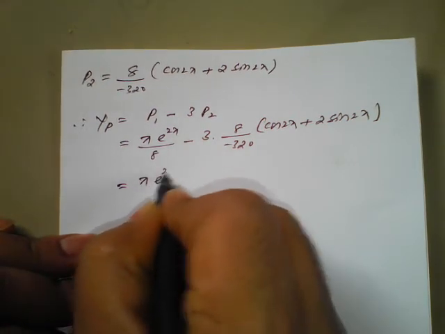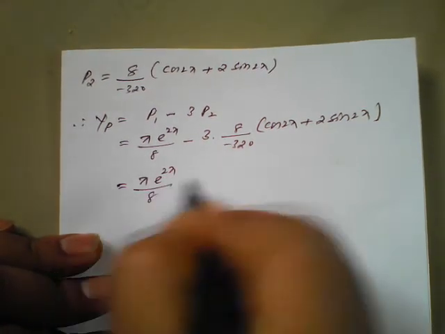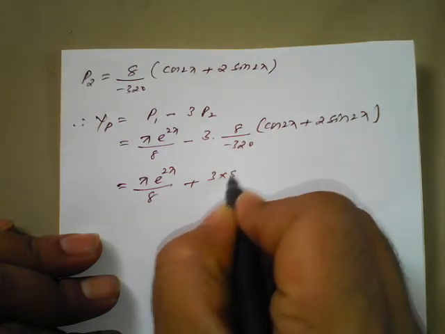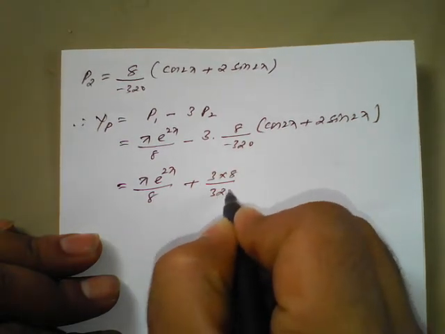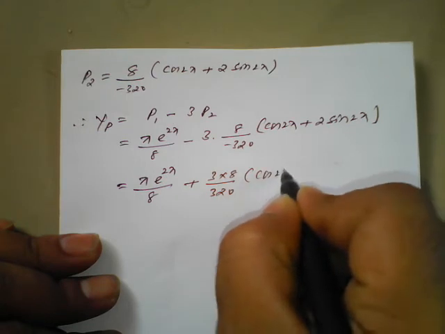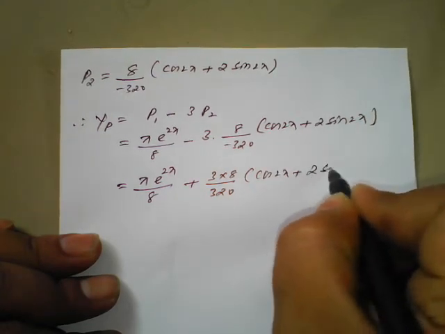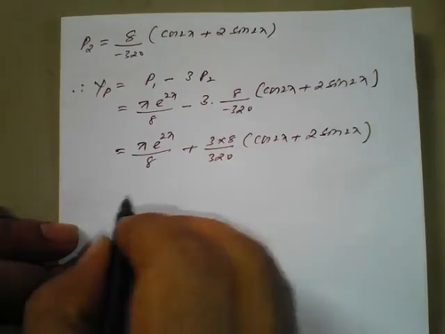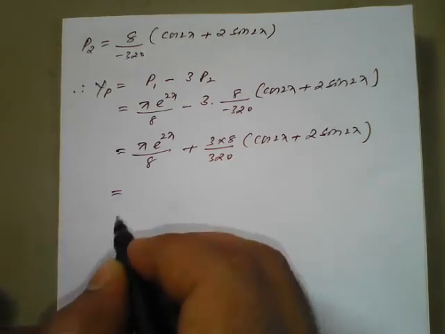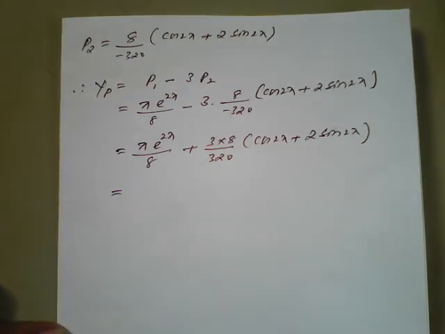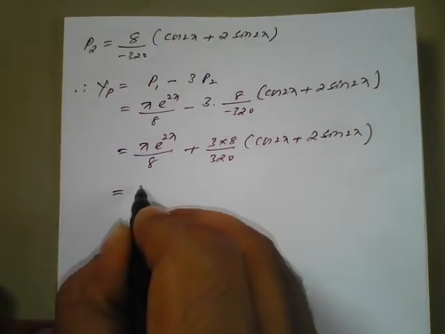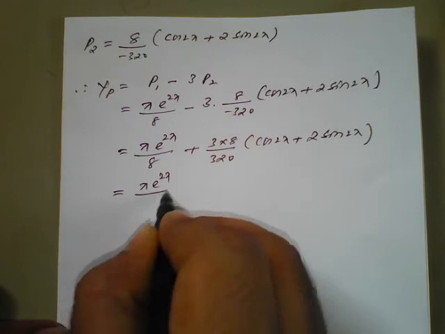So x e raised to 2x divided by 8 minus minus plus 3 into 8 divided by 320 of cos of 2x plus 2 times sine 2x, which is nothing but x e raised to 2x upon 8.